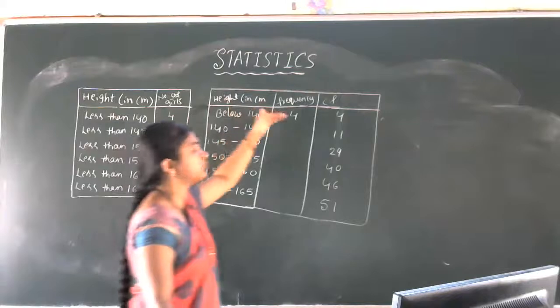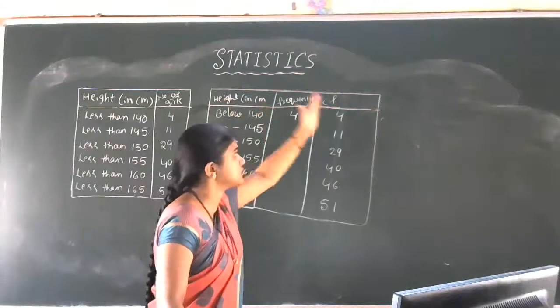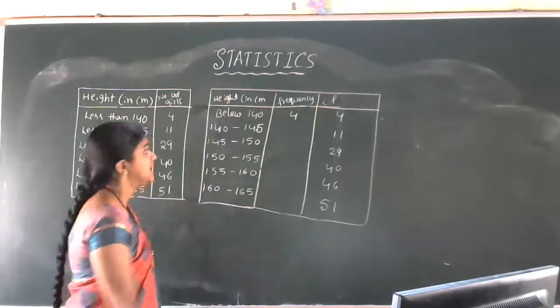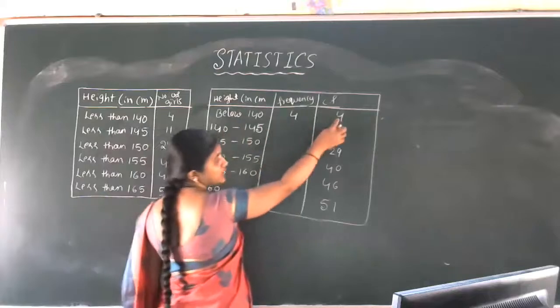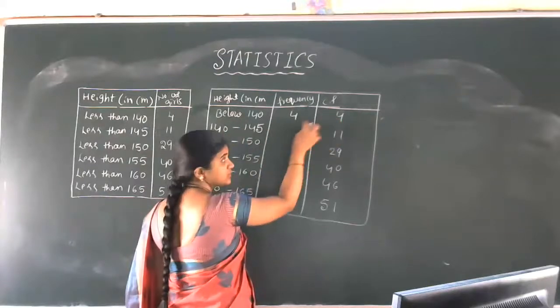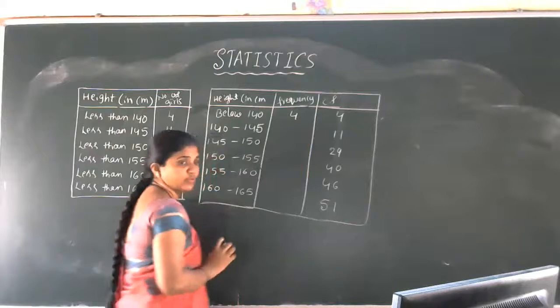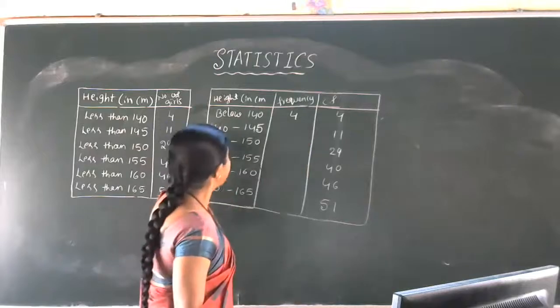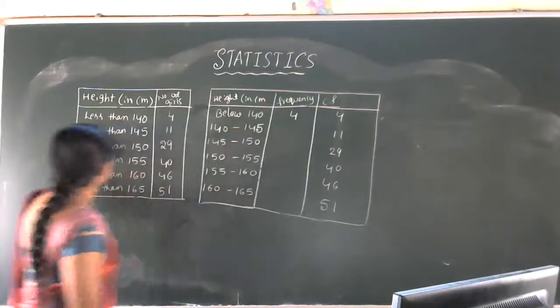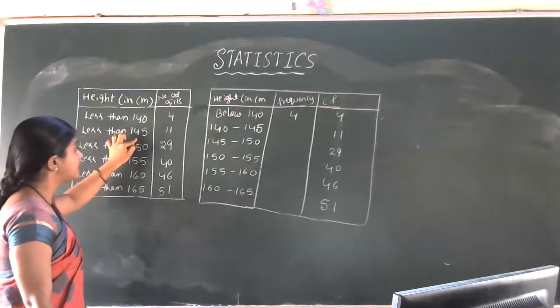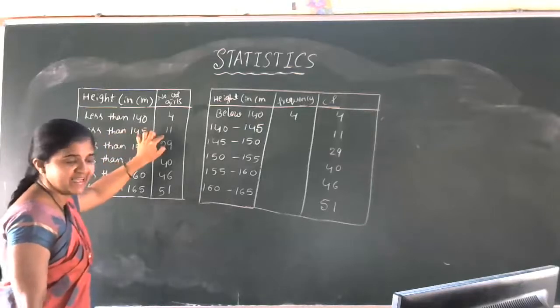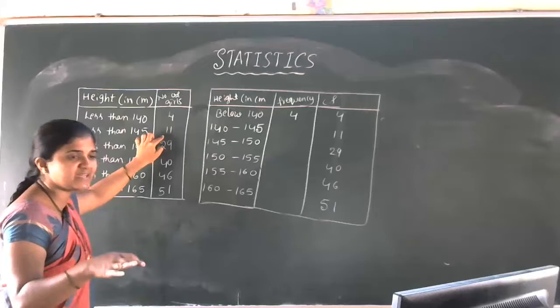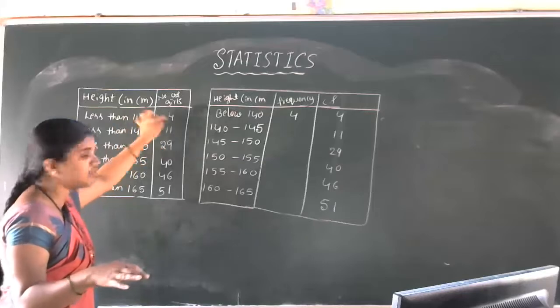Next, we have to write the frequency using this cumulative frequency. Below 140 is 4, so the cumulative frequency is 4, which means the frequency is also 4. Now, next, 140 to 145. Less than 145 is 11, which means it covers less than 140 also.